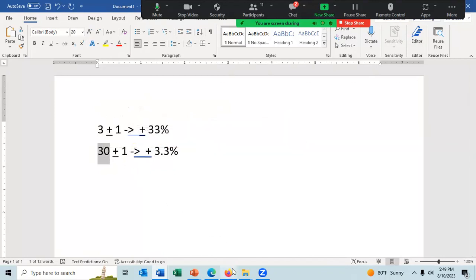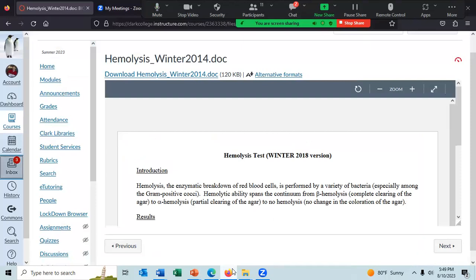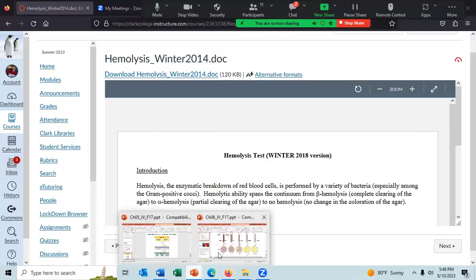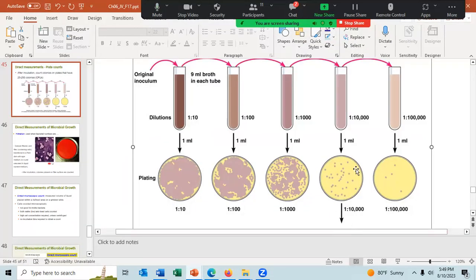Any question about any of that? So we want to make the colony estimate based on this plate because the mean means something. On this one, plus or minus 1 is just too large of an error.